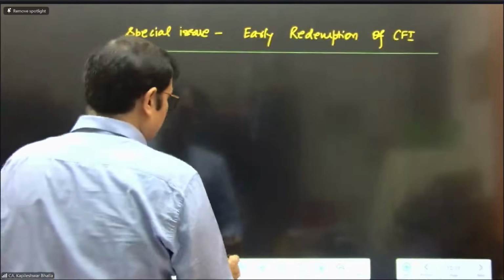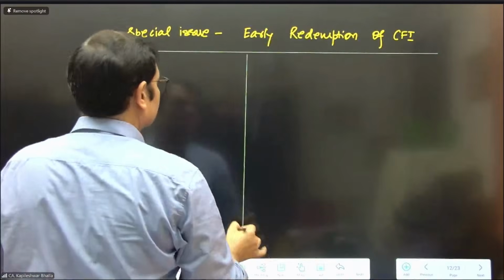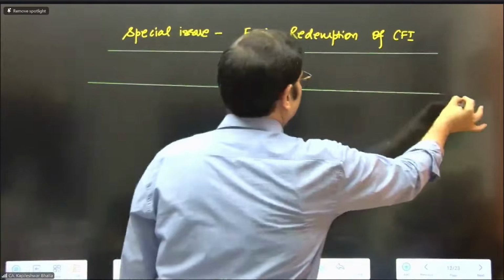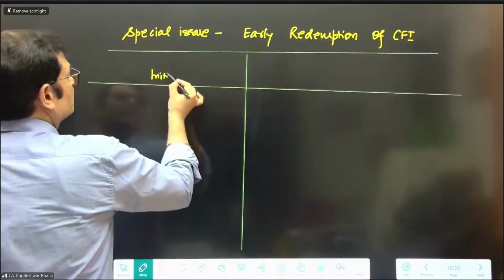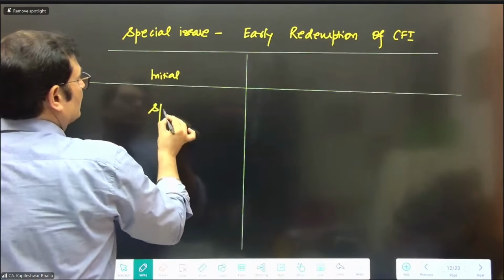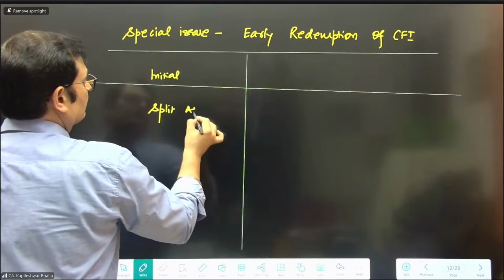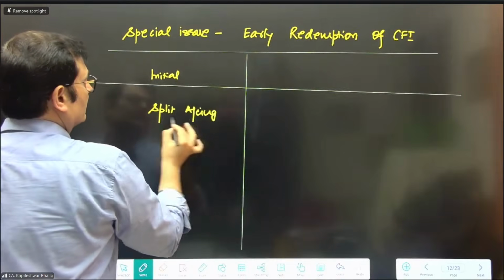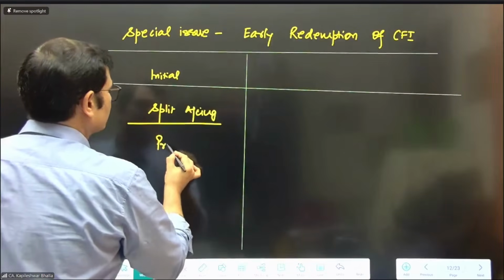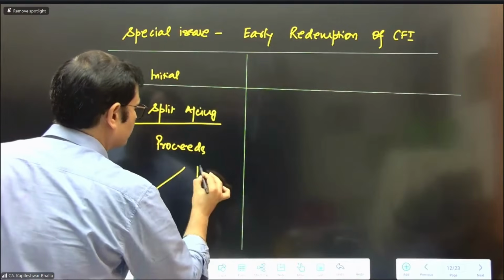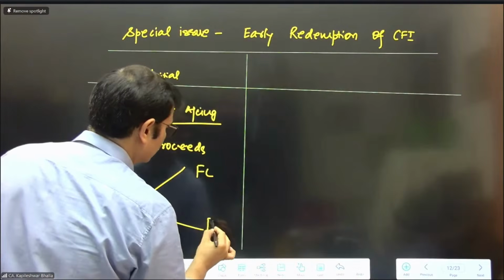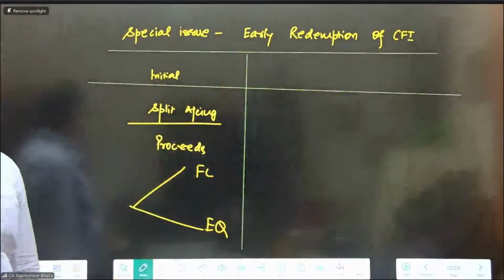Okay, now let's come to early redemption. At the initial recognition, you do a split accounting. In the split accounting, the proceeds are segregated in terms of financial liability as well as equity.